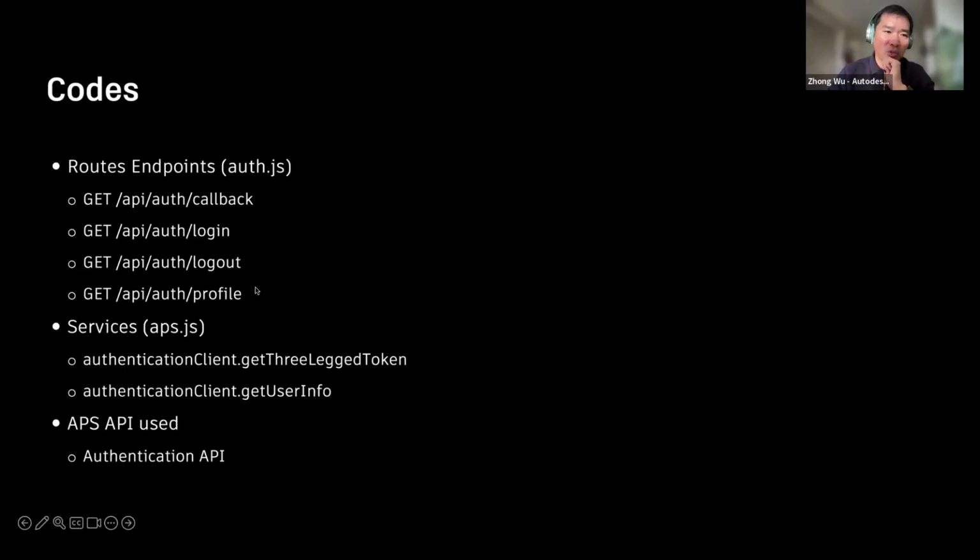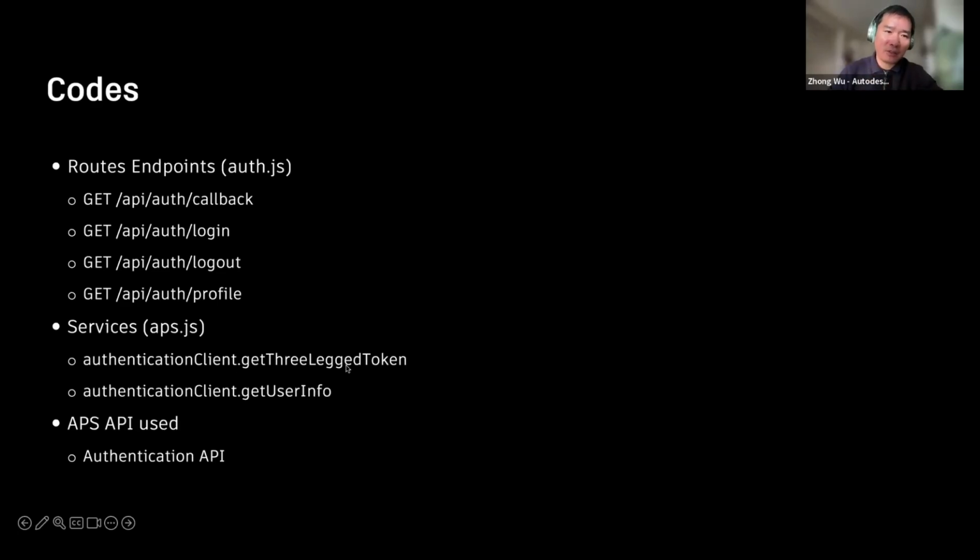We are going to create four endpoints, and we are going to create the service under the basic service here. As I mentioned before, we will use the SDK to communicate with the API service.